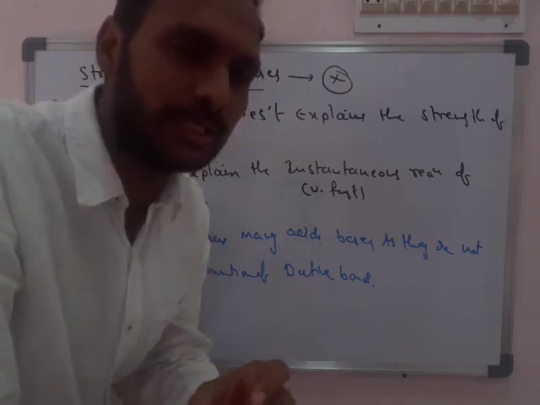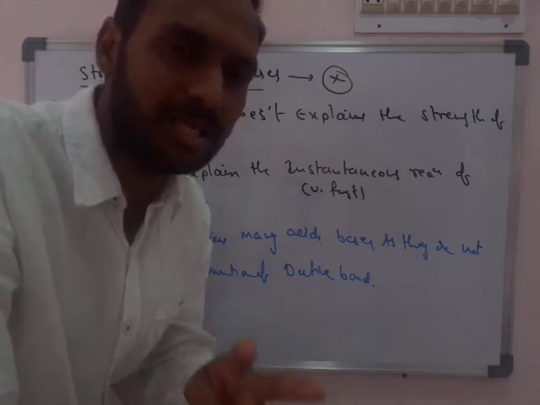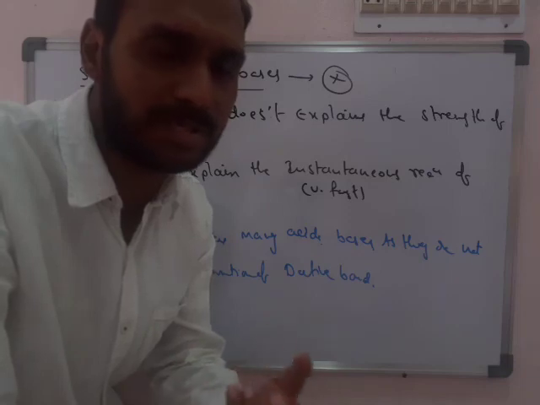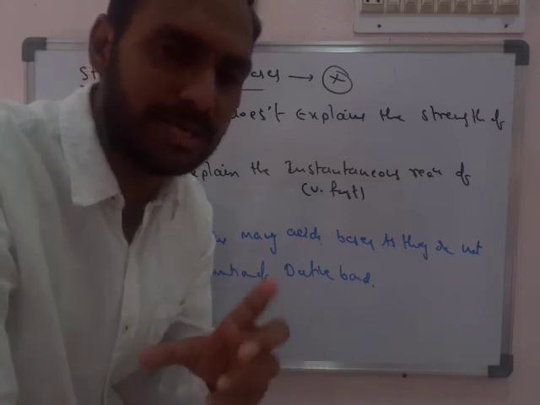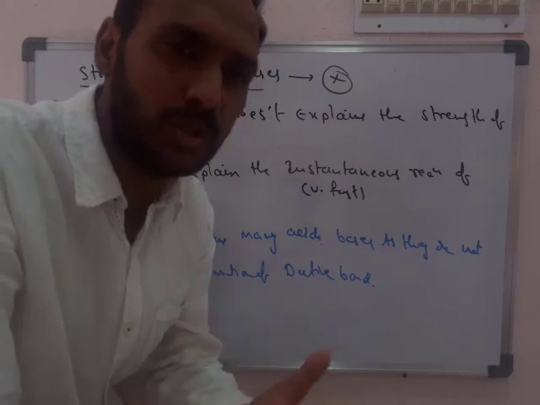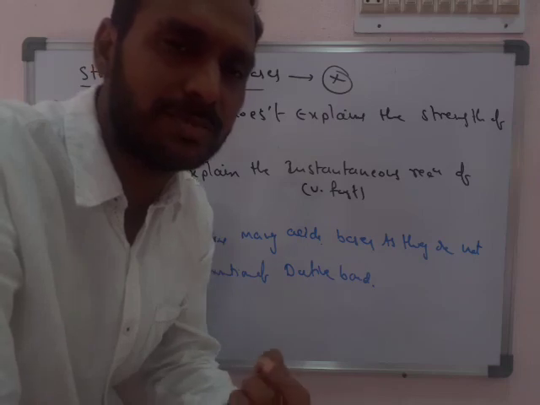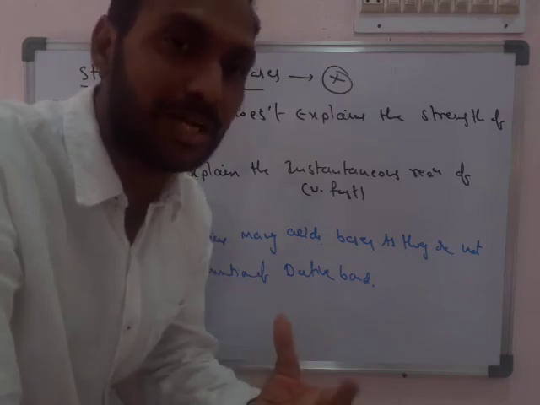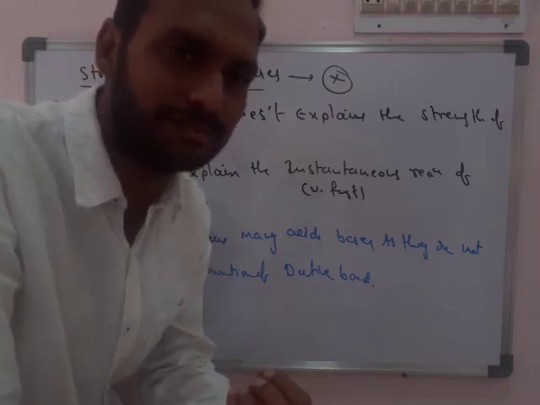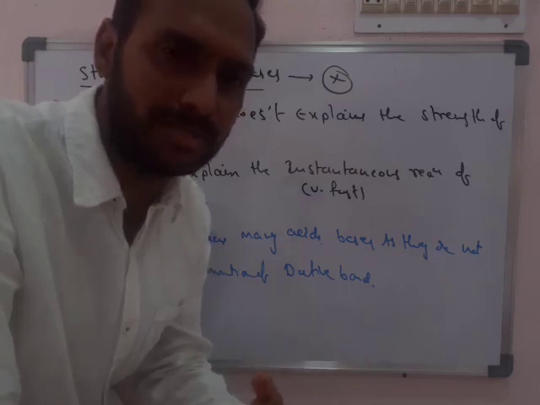Next, one more thing in the drawbacks we can write: it explains the acids and bases only in the presence of acceptors and donors. The same drawback was in the Bronsted theory. In the Bronsted theory, the acid is a donor of H plus, but for something to accept it, some other species should be there. Here also, if it accepts an electron pair, that is an acid, but there must be another species that donates the electron pairs.